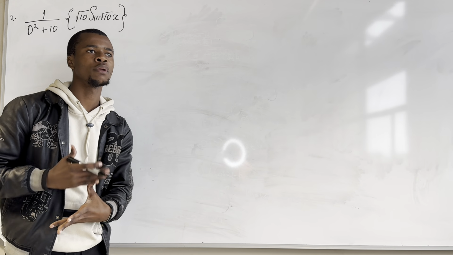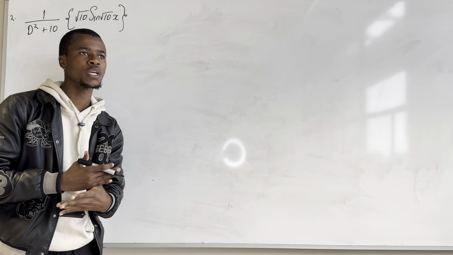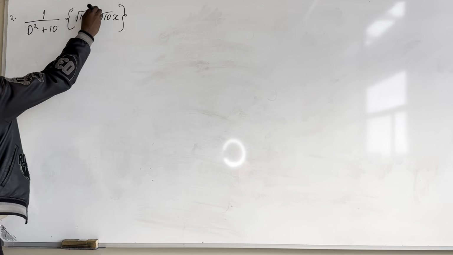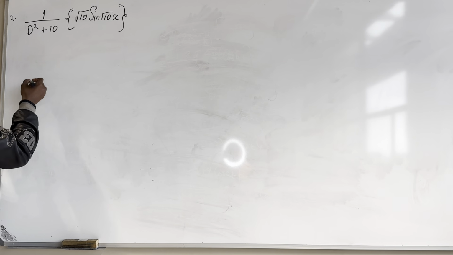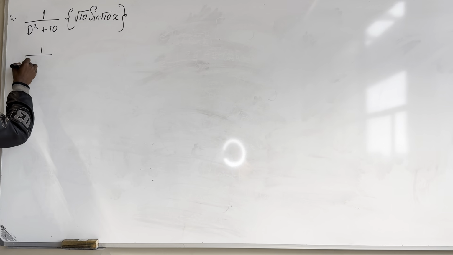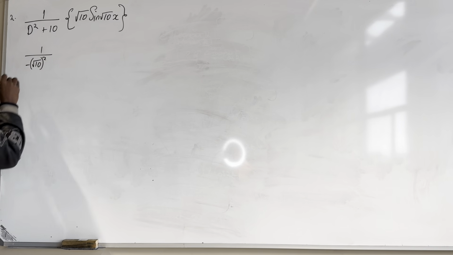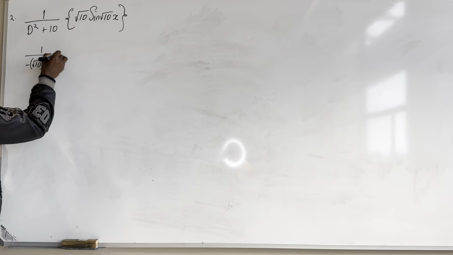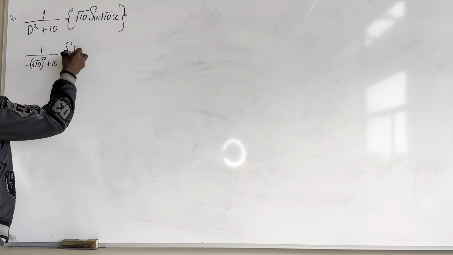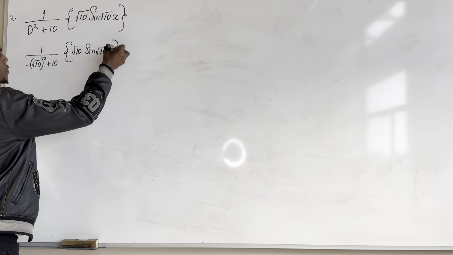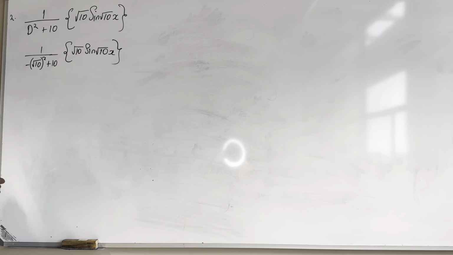How do we do theorem number 3? We follow those steps and then we achieve the answer. Instead of D squared, we say 1 over a minus the root of 10, all squared, and then we have a plus 10, reacted to the root of 10 and the sine root of 10x.